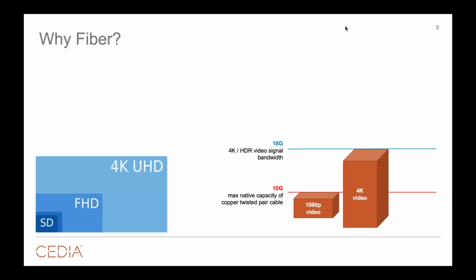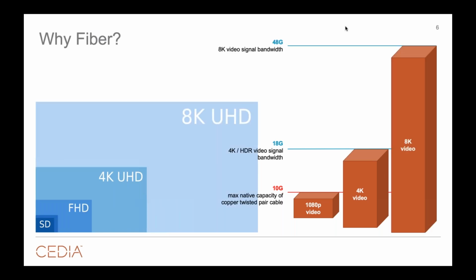It's very important that we start thinking that way because we need to think about future-proofing our installations. And while it is possible to compress a 4K signal and run it through a 10 gig cable, it is not possible to take a 48 gig signal, essentially an 8K signal, and compress it down below that 10 gig threshold, especially over distance.